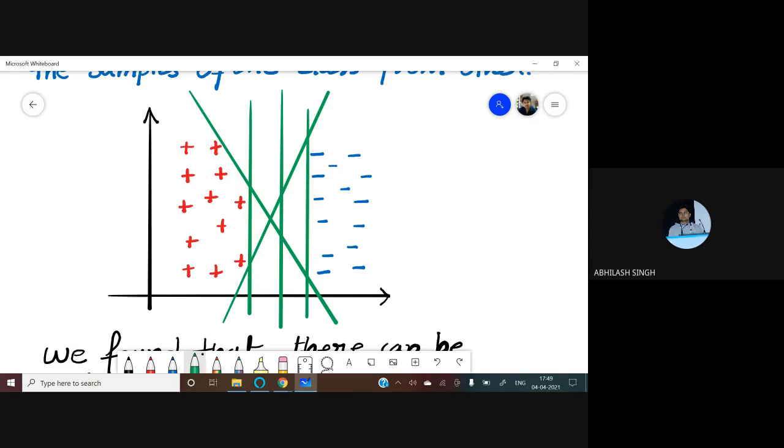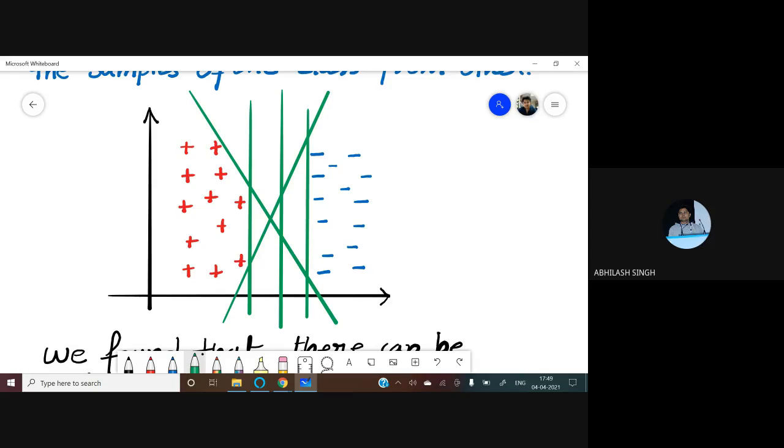That data is not used for the training set. That is called test data. So we will select the hyperplane which can classify without overlapping and perform well not only on the training data, but also on the test data.